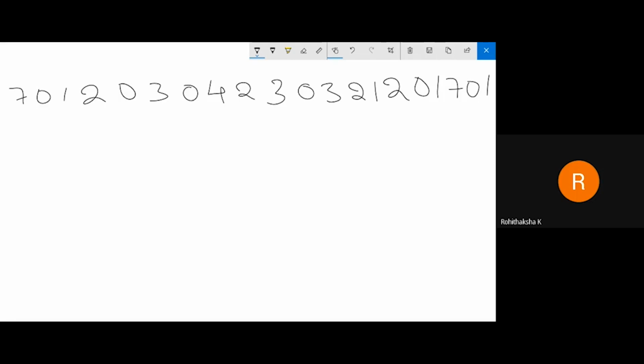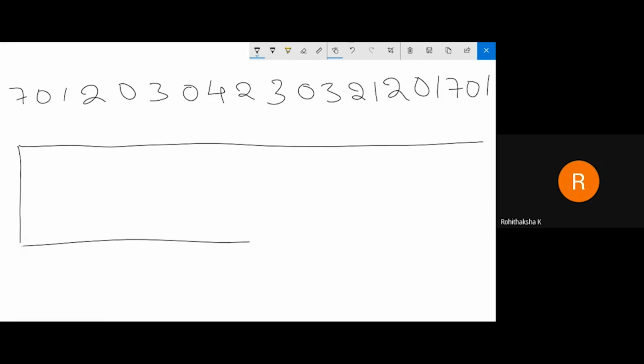Let us consider again just 3 frames. Instead of writing separately and wasting space, I'm just writing together.